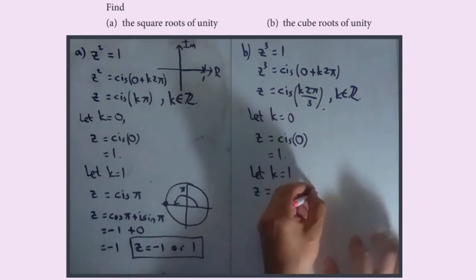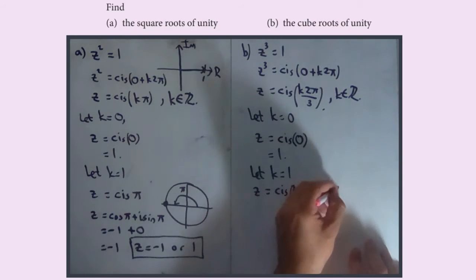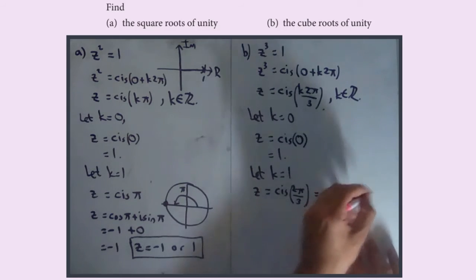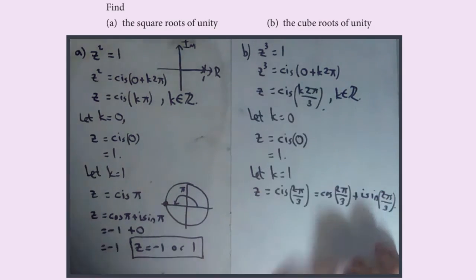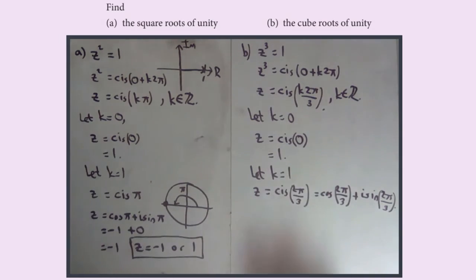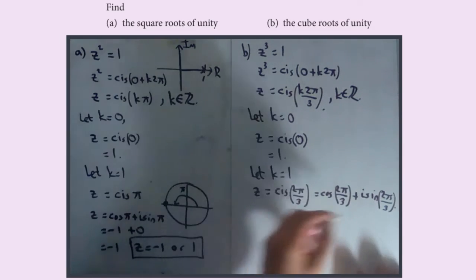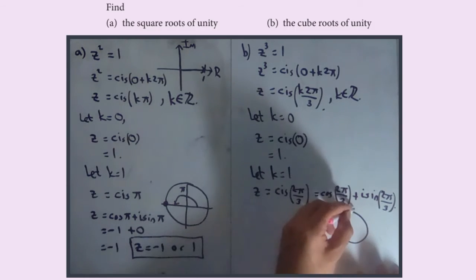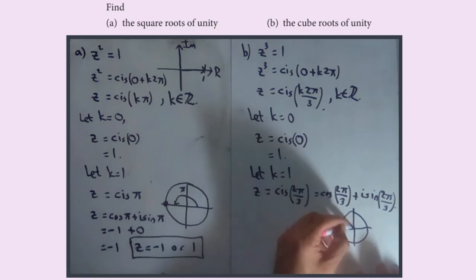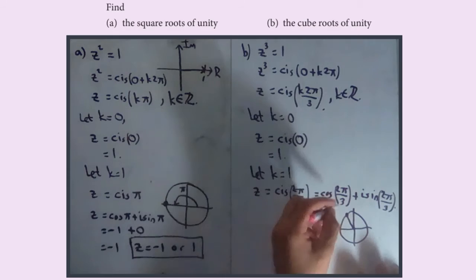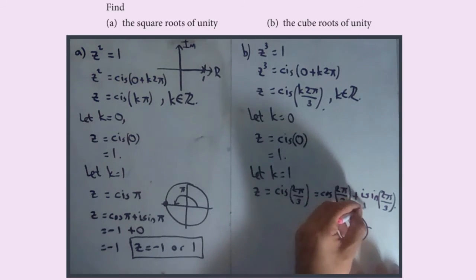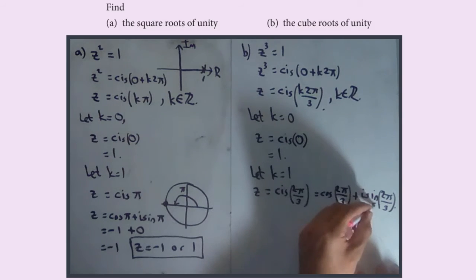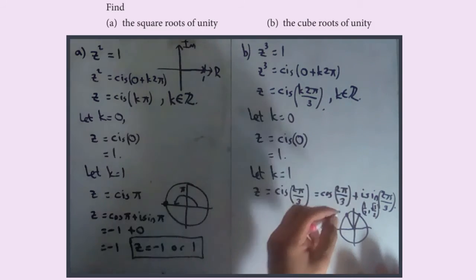That equals cos 2 pi by 3 plus i sin 2 pi by 3. So pi by 3 is 60, 2 pi by 3 is 120. So that is over here. The parent angle is 60, and cos 60 is a half, sin 60 is root 3 over 2.